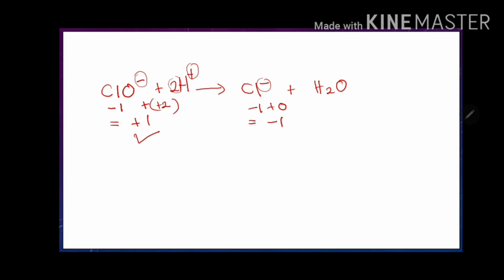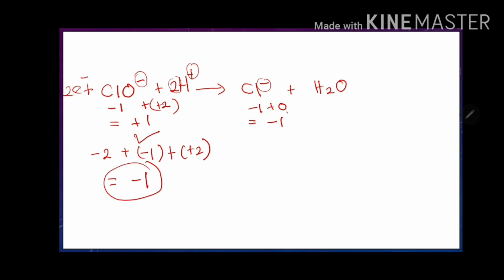So to make the charge balance, we add how many electrons on the left side? 2 electrons, because now if we add 2 electrons, the charge becomes -2 plus -1 plus +2, so it is -1.